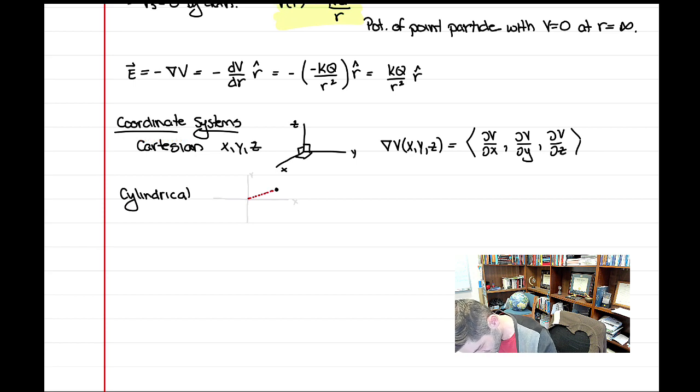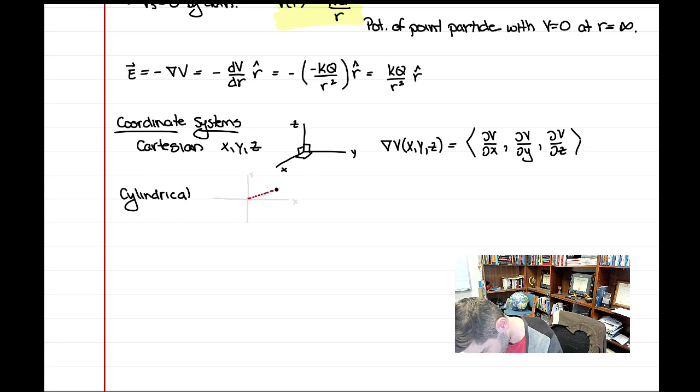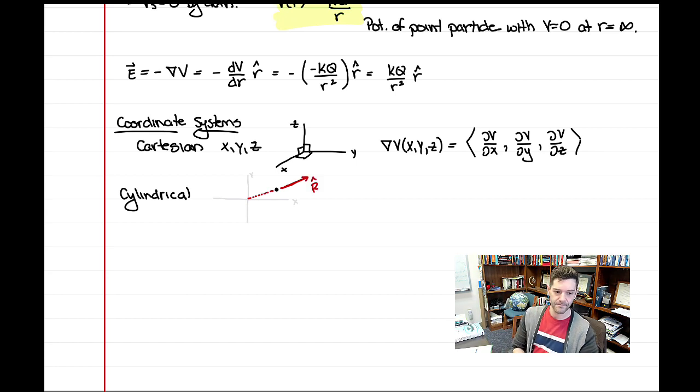And then one of the axes points in this direction. I'm going to call this the r hat direction. Actually, for cylindrical, we've been using capital R, so I'll stick with our lecture convention. But if I want to think 2D, I still want a 2D axis where the other axis is perpendicular, like how x and y are perpendicular.